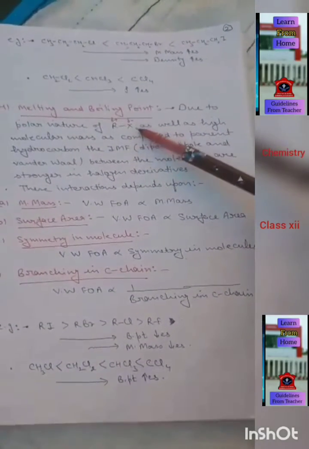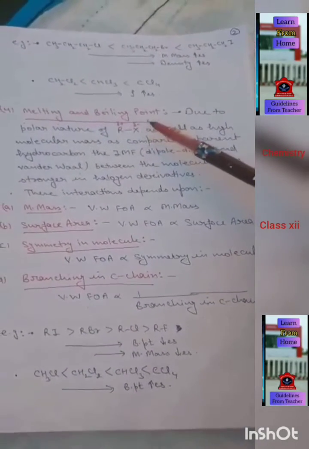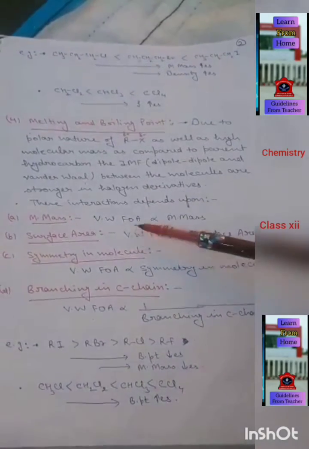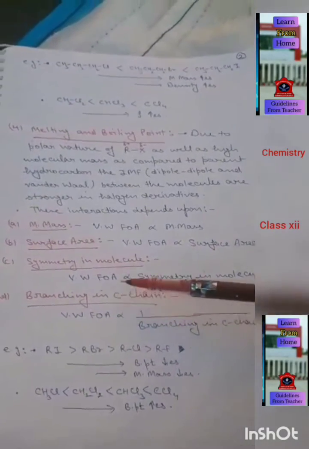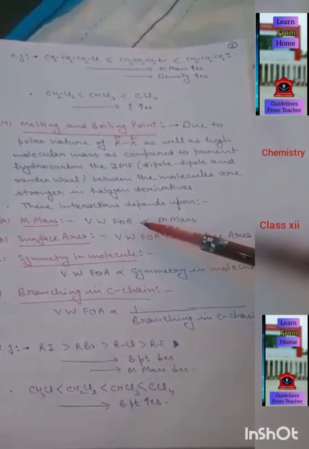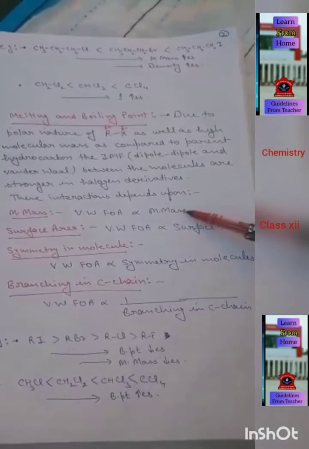Next, melting and boiling point. Melting and boiling points basically depend upon three factors: molecular mass, surface area and branching, and in some cases symmetry also plays an important role. For example, van der Waals forces of attraction increase with increase in molecular mass.